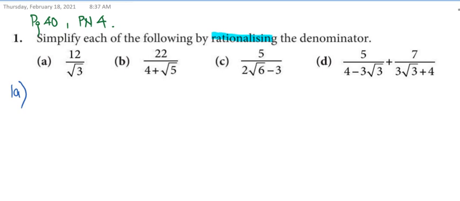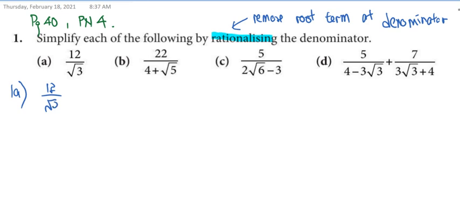I want to remove the root term at the denominator, because I don't want to see any root term. Or you can say, I want to see a rational number. That's all.